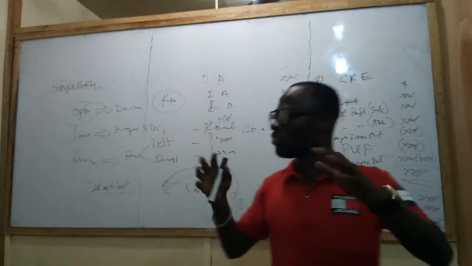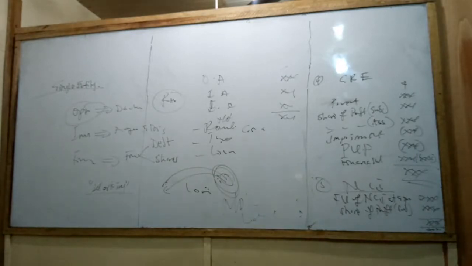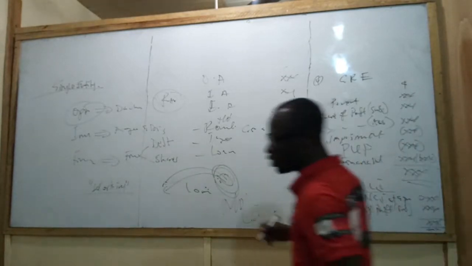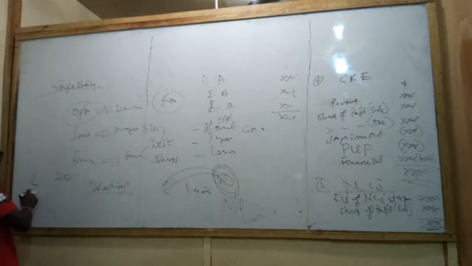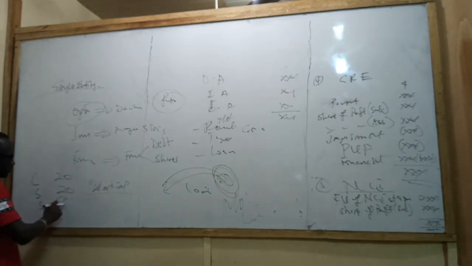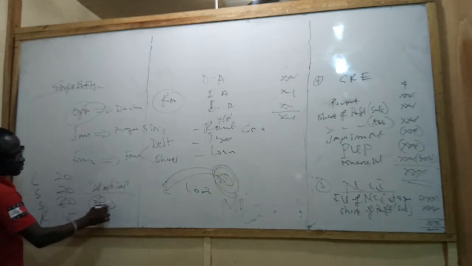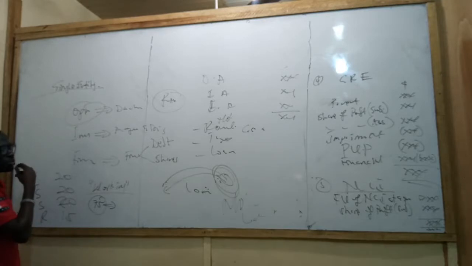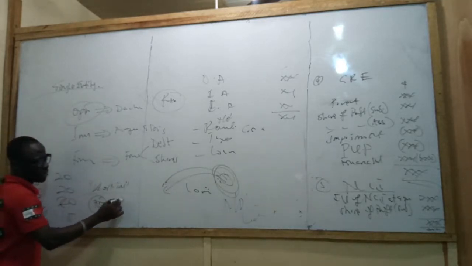So these are the kind of things you need to understand about the FR. If you look at it, consolidation 20, single entity 20, standards 20, ratios 15. That is 75%. Conceptual framework and regulatory framework could be a 10-mark area, making 85.